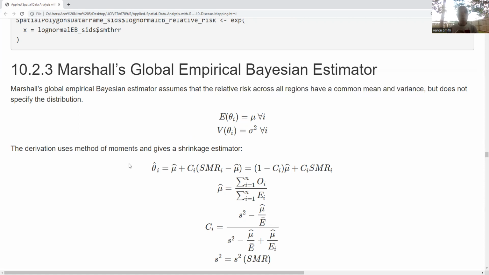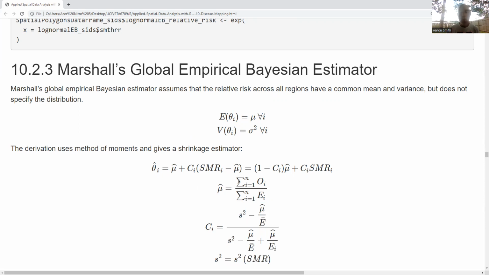All right, so if we use a method of moments in this technique, we're going to get a weighted average between the estimated mu and our standardized mortality ratio. The C is given here, kind of an ugly formula.